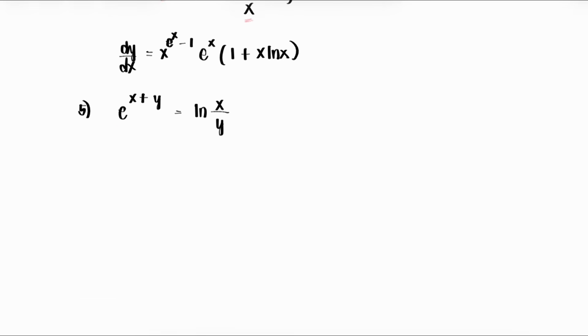The derivative of this term here on the left side is we simply copy the given e to the power of x plus y and multiply it to the derivative of the exponent x plus y, which is 1 plus y prime. Equals, we differentiate the right side. The derivative of ln of u is 1 over u.